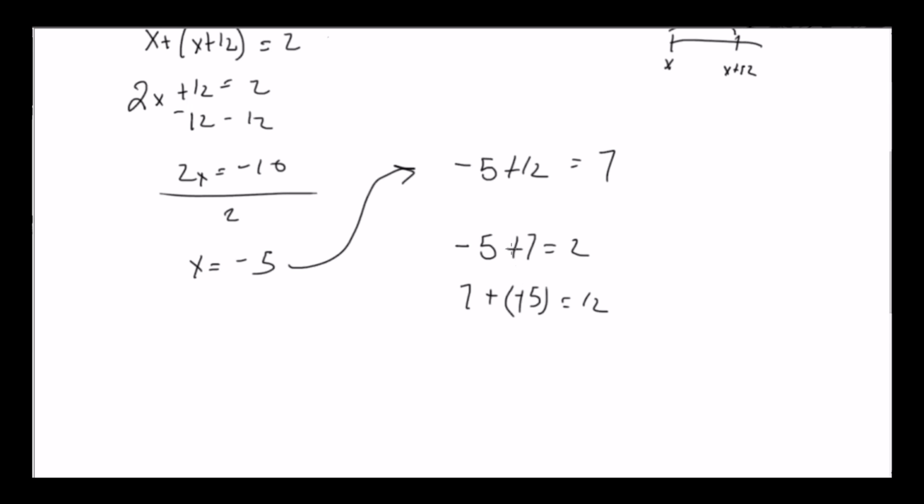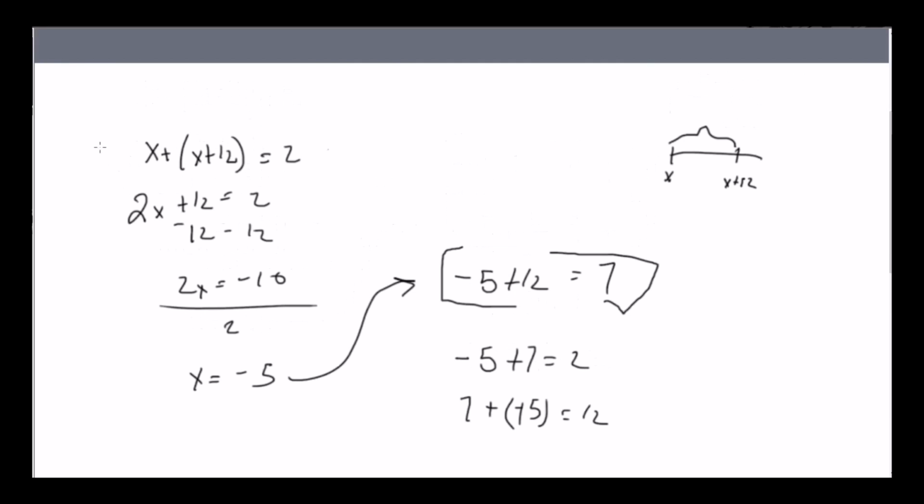So there we are. Now if I lost you a little bit on this step, let's look at it real quick. I know x is -5, and I know -5 plus -5 is -10, plus 12 is 2.